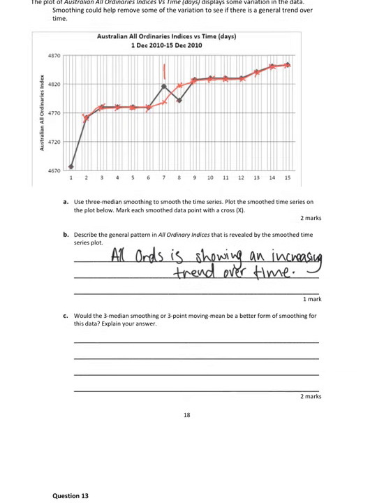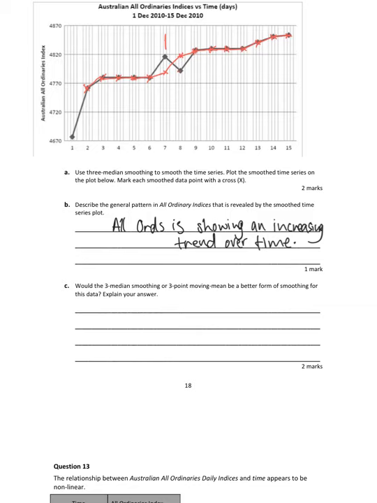Would the 3 median smoothing or 3 moving mean be a better form of smoothing for this data? Explain your answer. Essentially, the difference between the mean and the median is that the mean can take into account the outliers.